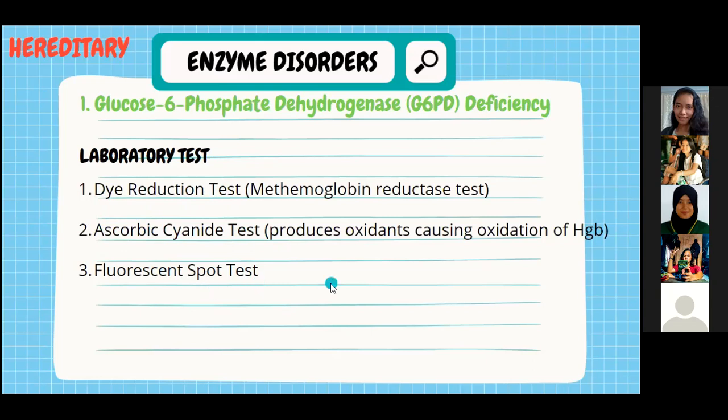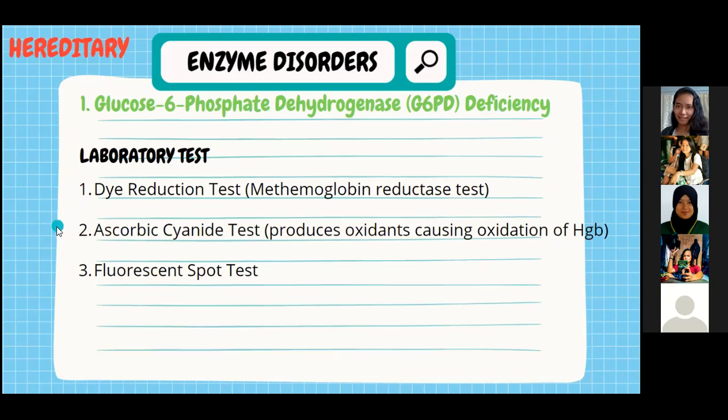So the first one is the dye reduction test, which uses the same G6PD enzymatic reaction but has a second step in which the NADPH reduces a dye, giving a visual observation of color change. So the principle of this test is to detect NADPH generation by G6PD through the reduction of methemoglobin to hemoglobin with methylene blue as the facilitator.